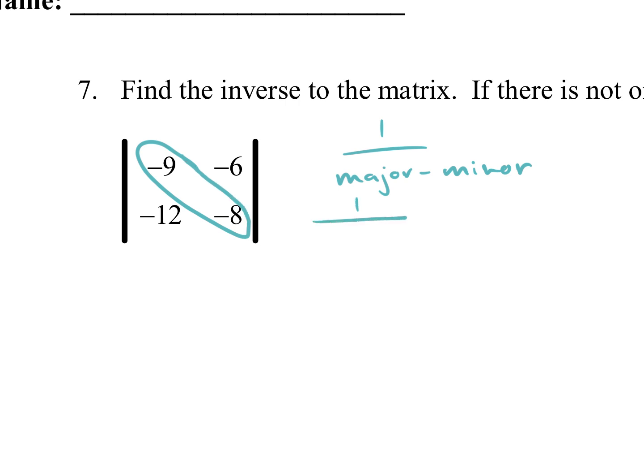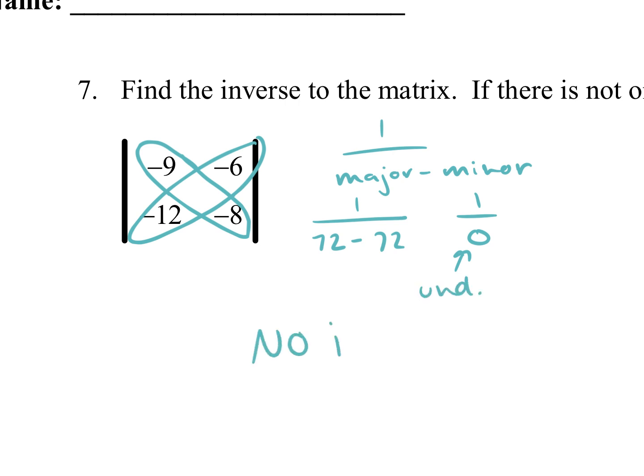So this would be 1 over, what's negative 9 times negative 8? 72. Minus the minors would be negative 12 times negative 6. What's negative 12 times negative 6? 72. So we have 1 over 0. This would be undefined. So do we have an inverse? No inverse.